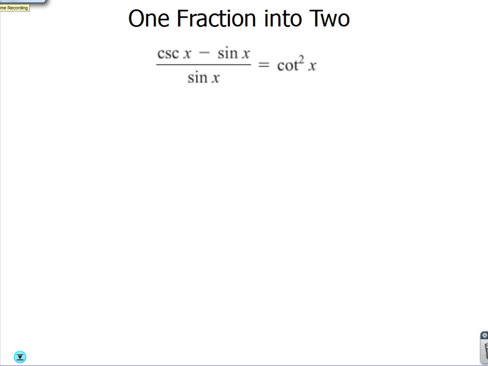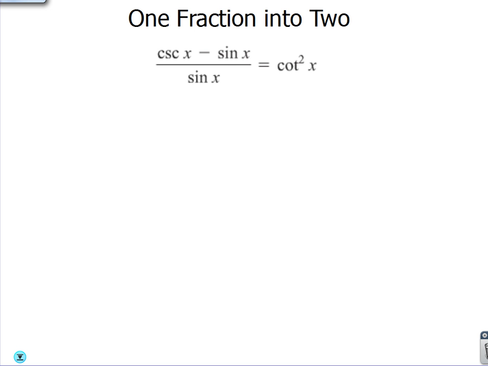Okay, another proof. We're asked to try to prove that cosecant minus sine over sine is equal to cotangent squared. This is turning one fraction into two fractions using the distributive property, or you can think of it again as taking the ugly side and turning it into the clean side. This is still a proof.